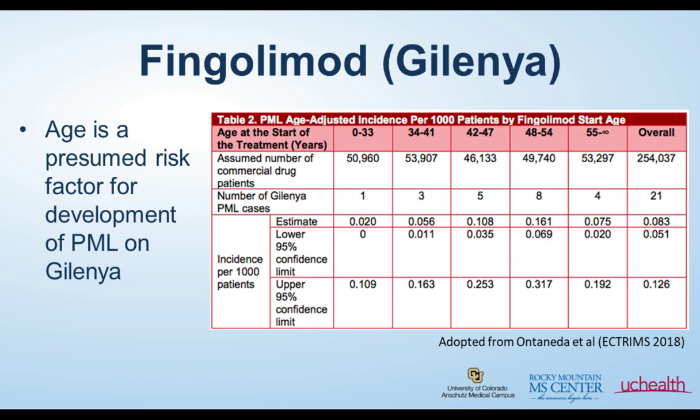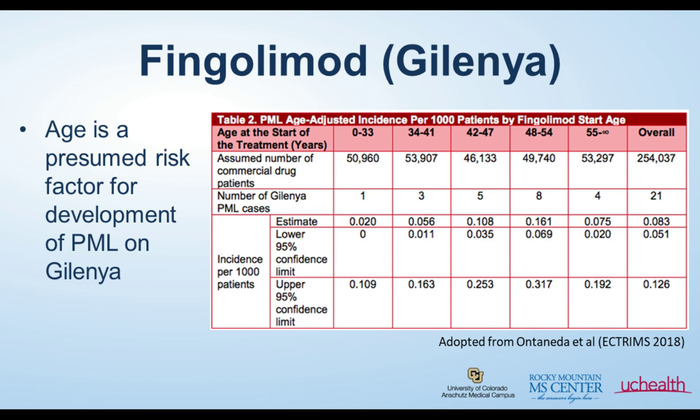This is a nice chart that describes one of the things that we presume is a risk factor for the development of PML if you're on Gilenya. As you can see on the chart, as patients are older when they started the treatment, they are more likely to have acquired PML.